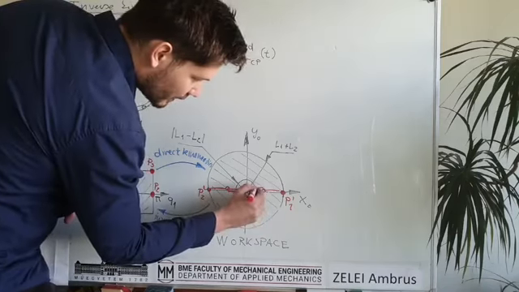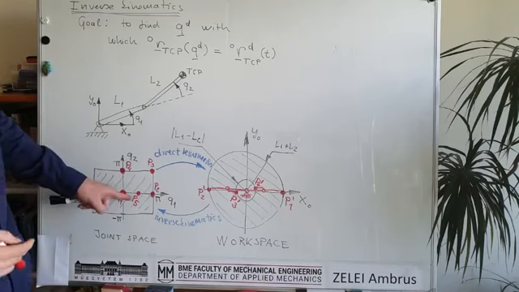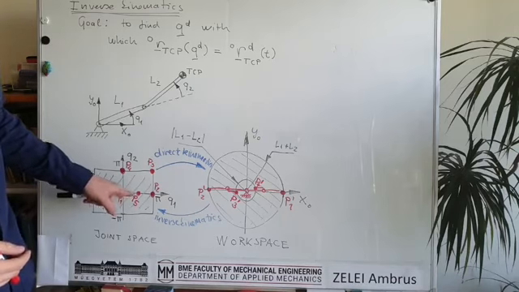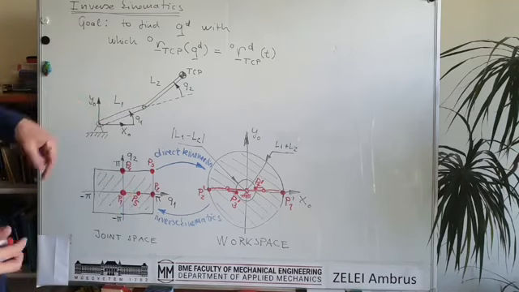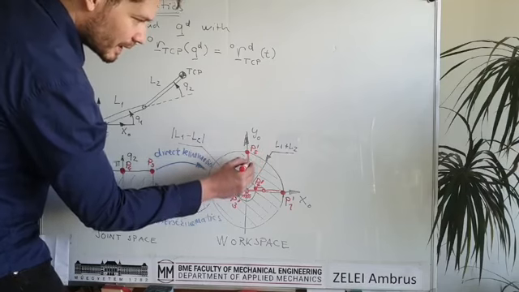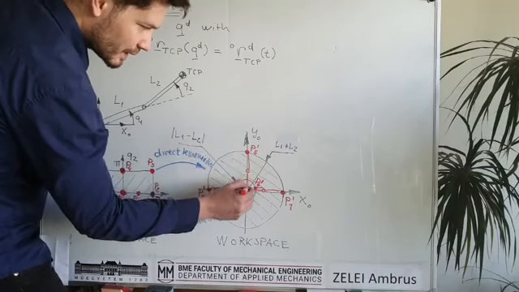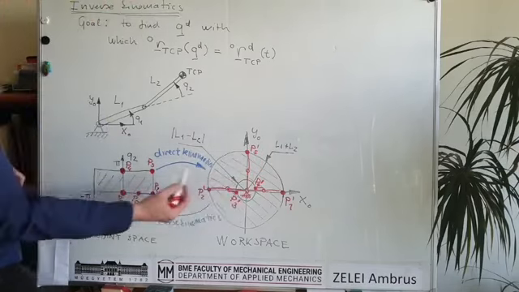And let's check some other points, for example P5, when the first bar is 90 degrees and the arm is straight, so the corresponding point will be somewhere here. This is P5 prime, and here the robot is straight, but the first angle is 90 degrees.